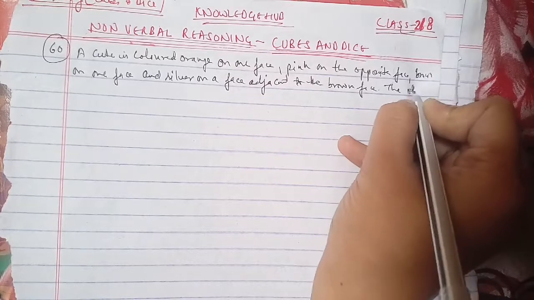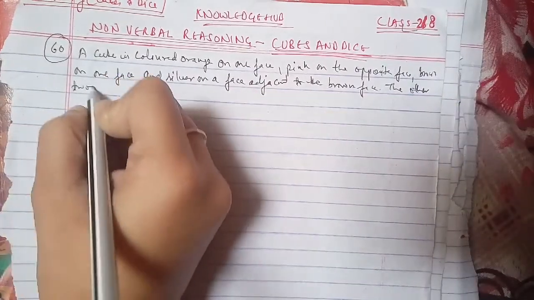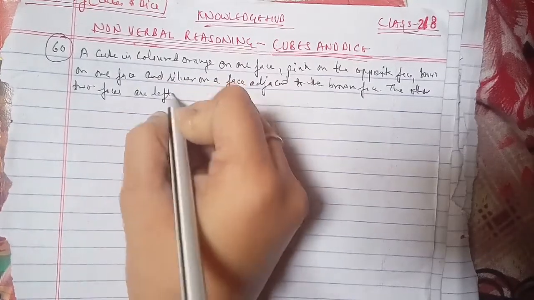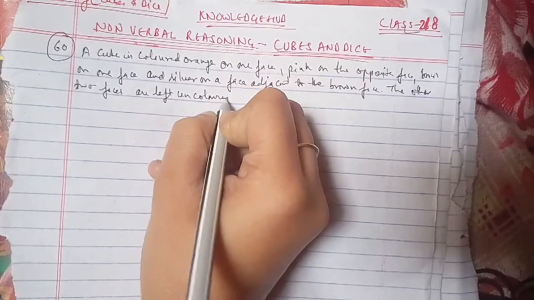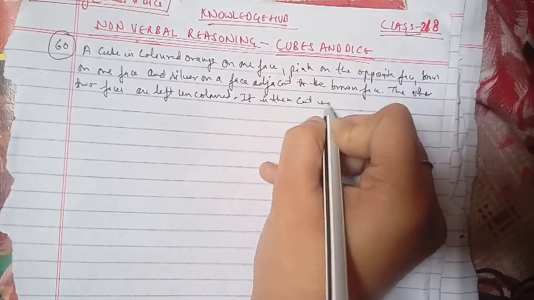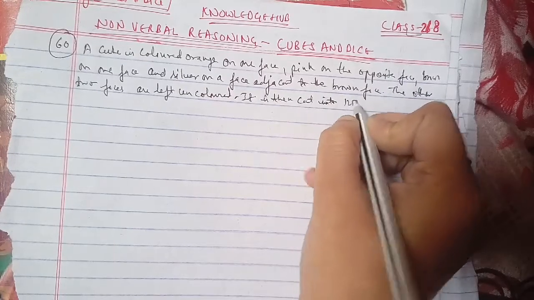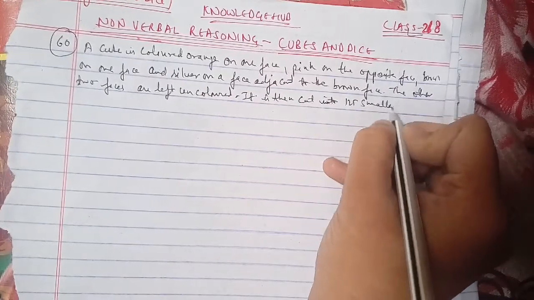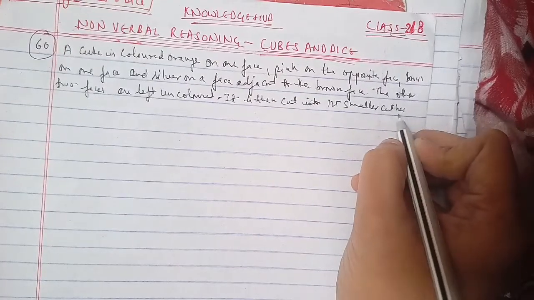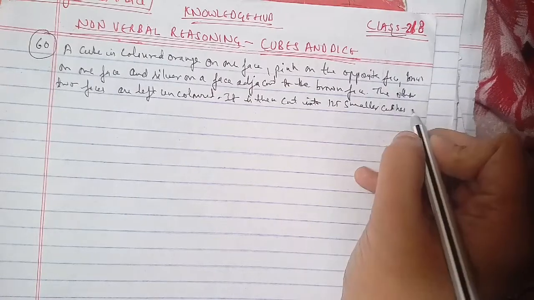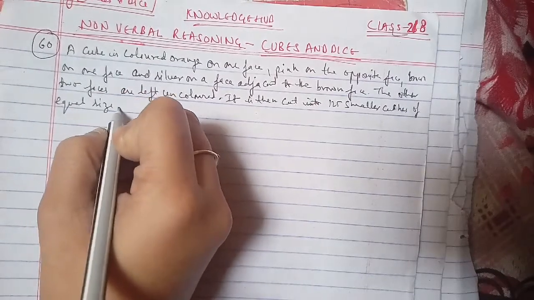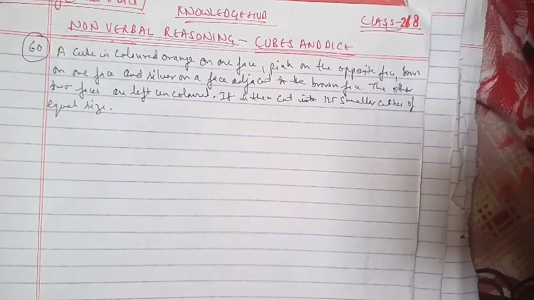The other two faces are left uncolored. It is then cut into 125 smaller cubes of equal size. Now answer the following question based on the above statement.